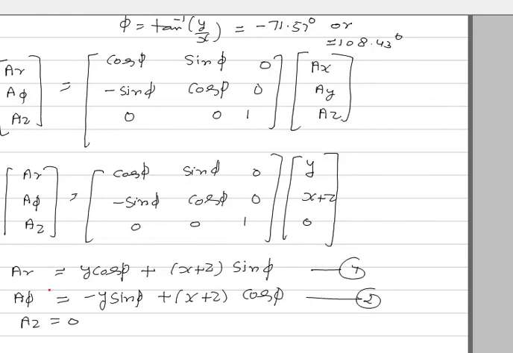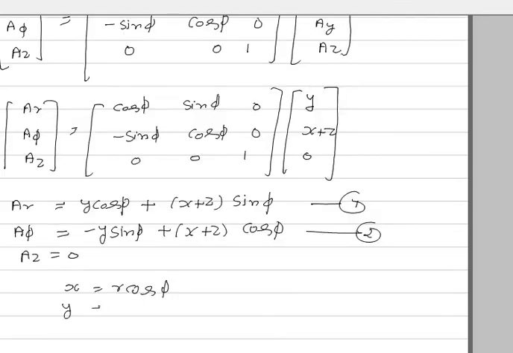After that you can say this is the component of cylindrical system. So for that you can use the previous relationship: x equal to r cos phi, y equal to r sin phi, and z equal to z. Put these values in equations 1 and 2. After putting this value, you will get the complete solution for the cylindrical coordinate system.